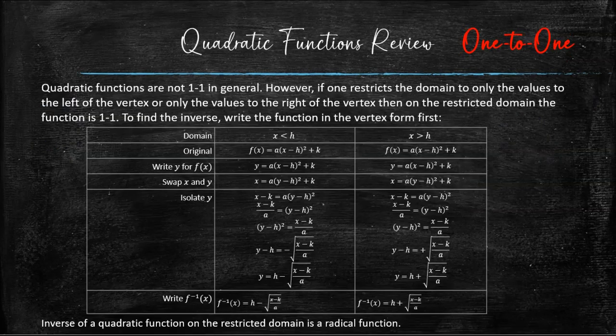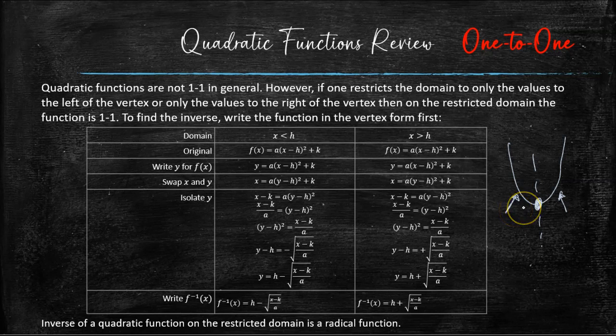Now, it is important to know that parabolas are not one-to-one functions, and therefore they do not have inverses. However, each branch of a parabola, and by branch I mean if this is your parabola, branch like this, like if we cut it right here in the middle, then this is what I refer to as different branches.